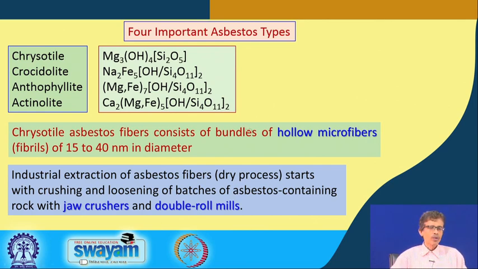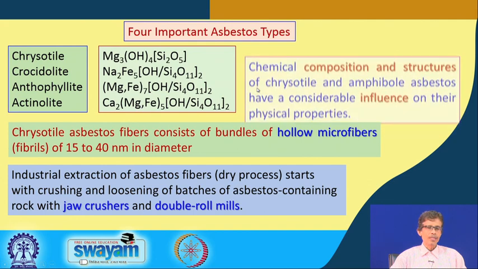Then anthophyllite again brings the first category of magnesium, then iron and different types of that silicate material, and a large number of hydroxy groups are there. Those hydroxy groups can be the terminal ones attached to your silicon or can be attached to the corresponding metal ion center. Then actinolite is basically based on your calcium magnesium composition.